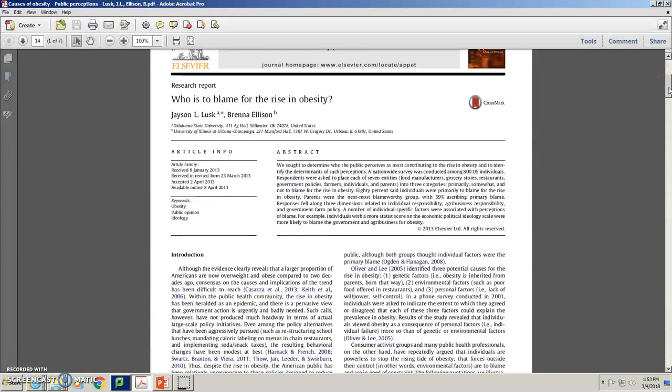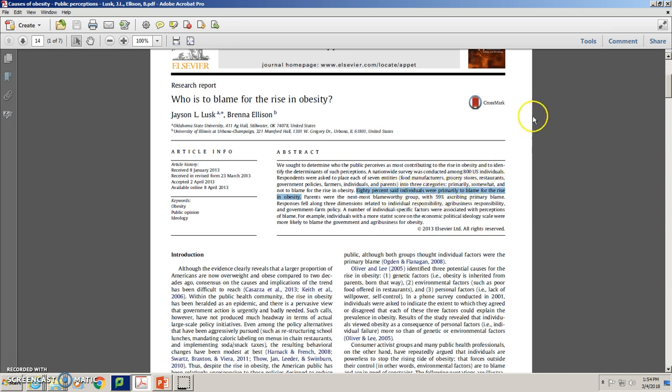So, for example, if I am interested in the public's view of what causes obesity, then the most interesting thing in the abstract, for me, is that 80% think that individuals are primarily to blame for the rise in obesity. So what I can do is I can highlight this, so when I read the article again, I'll be reminded that this was an important point.